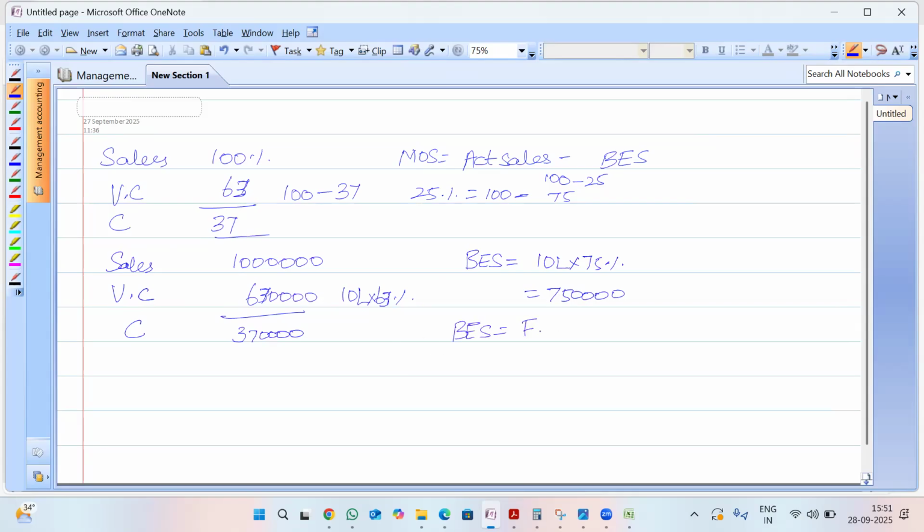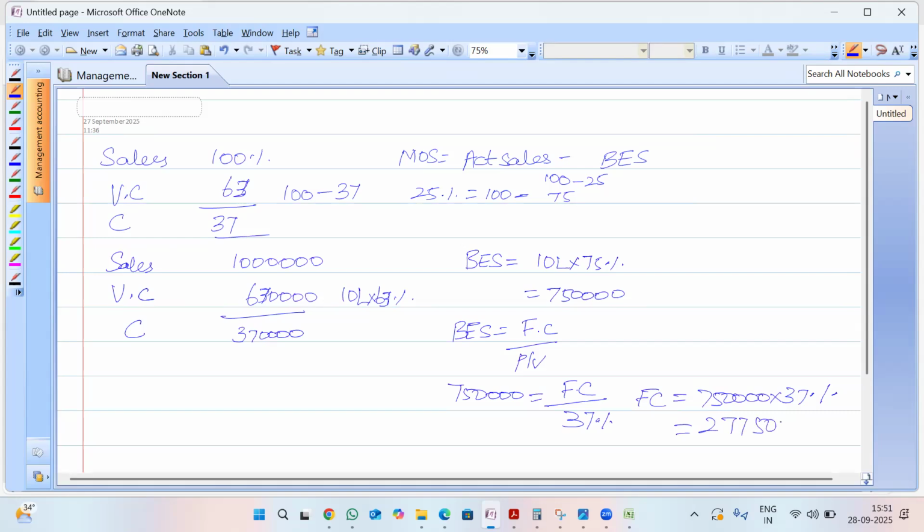Fixed cost divided by PV ratio. My fixed cost, I don't know. My PV is 37 percentage at this level. So fixed cost is equal to 7 lakh 50,000 into 37 percentage. So I will be getting 2 lakh 77,500. So this will be my fixed cost.